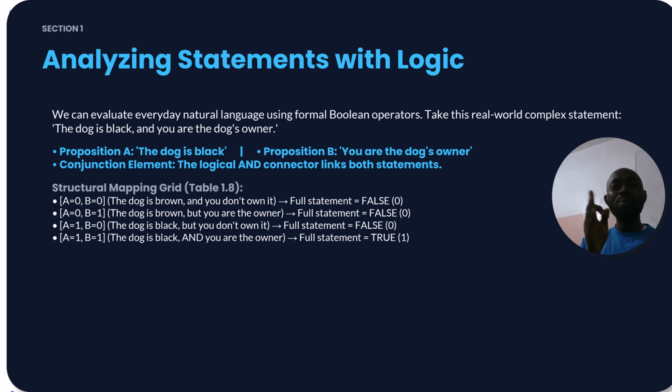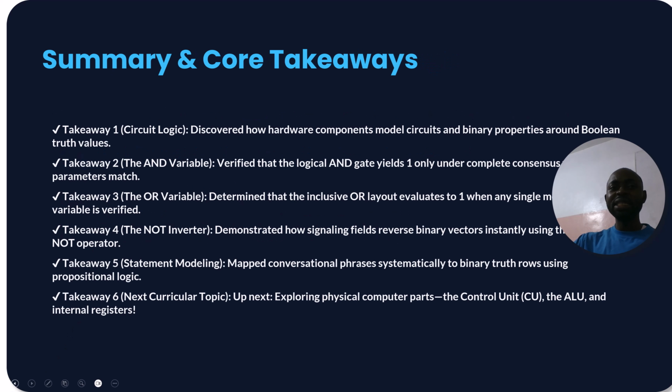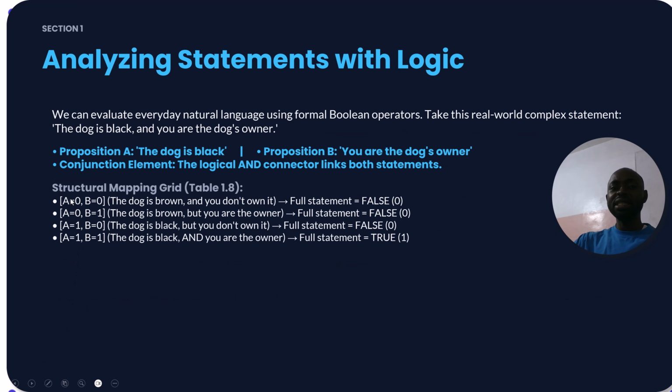So if the inputs are true, it makes the outcome true. That is the scenario. If you look at the structural mapping, table 1.8, we have here the dog is brown. But let me ask you, is the dog brown? No. So the A statement, the input, the dog is brown.